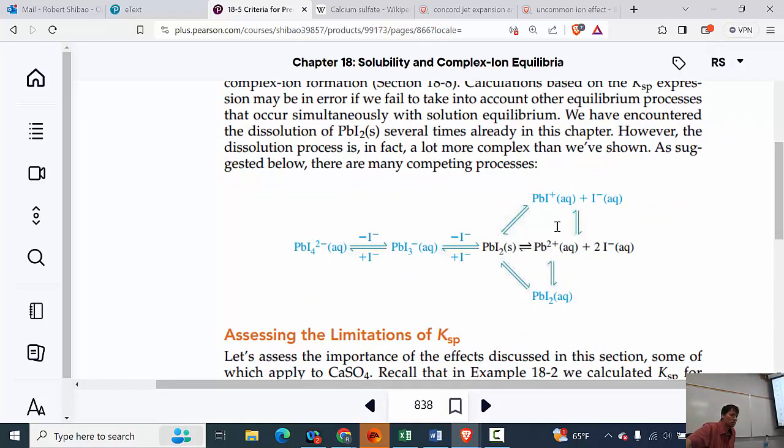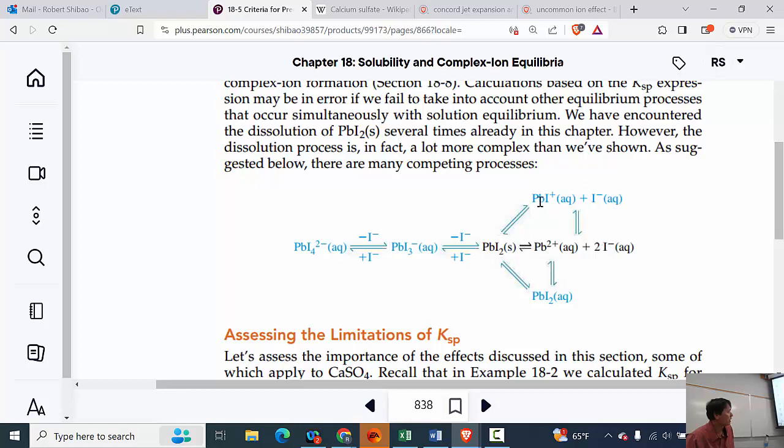Do you see any clusters here? No, there are no clusters here, but the clusters are going to screw up the effective concentrations. We're going to have the activities. So the picture is more complex than this, but how do you quantitate the clusters? That would be a more difficult situation.